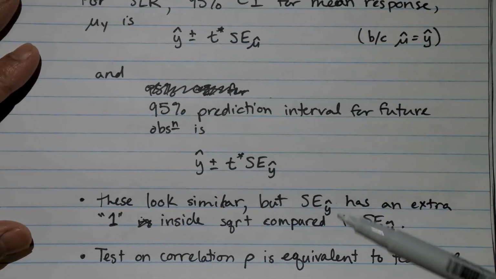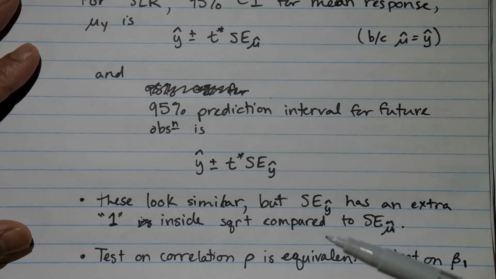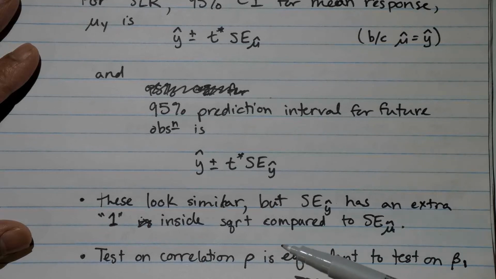And in the case of simple linear regression, remember that the B1 is written in terms of R. So it turns out that if you wanted to do a test on the population correlation rho, that test, the test that rho is equal to 0, is equivalent to the test that beta 1 is equal to 0. So if you only had information on the sample correlation R, but you wanted to test for a 0 slope, you could do the test on the correlation itself.